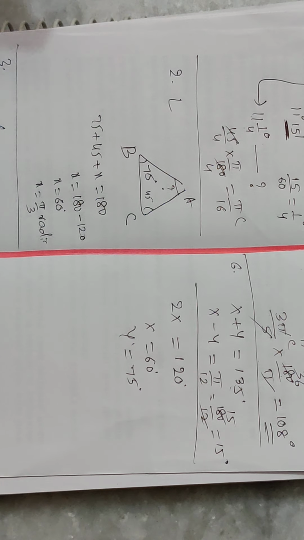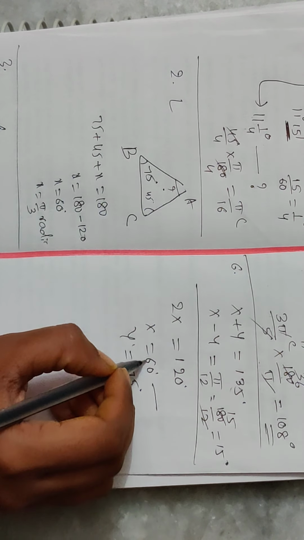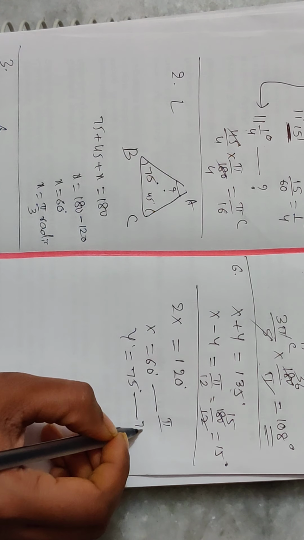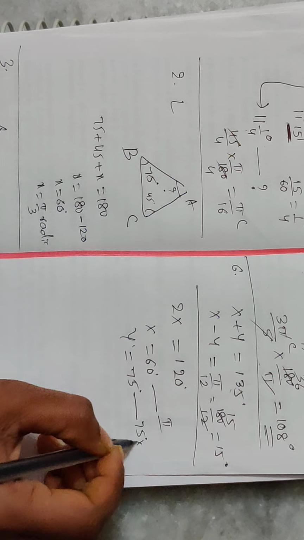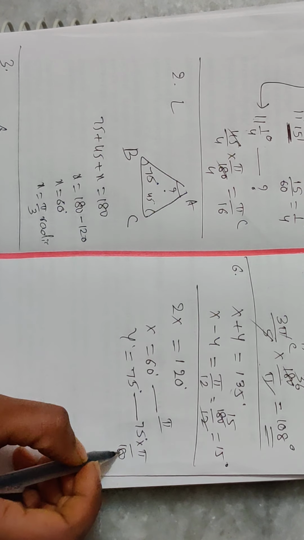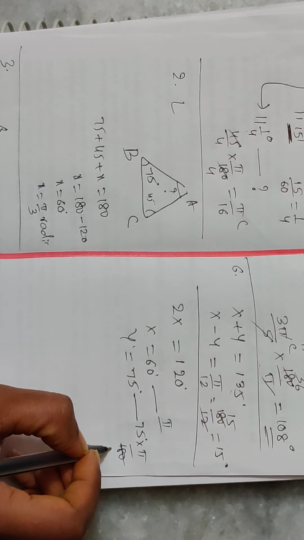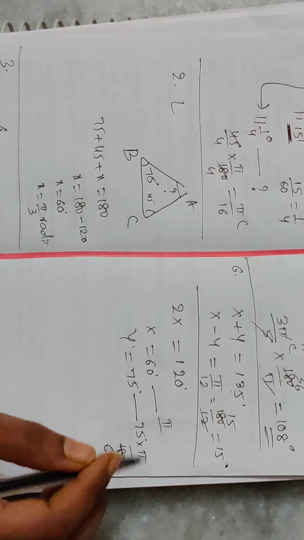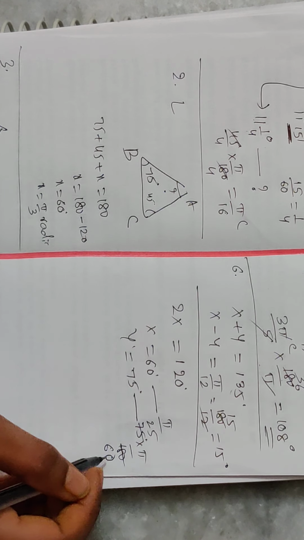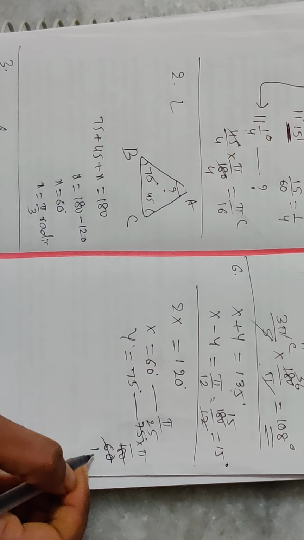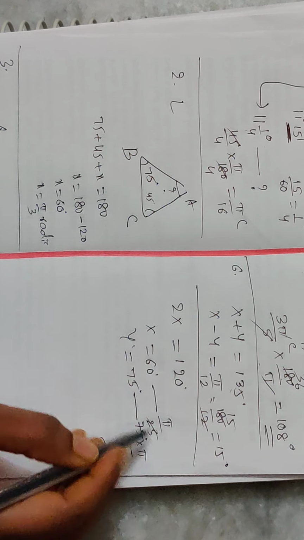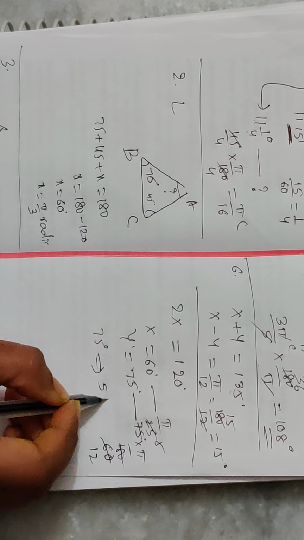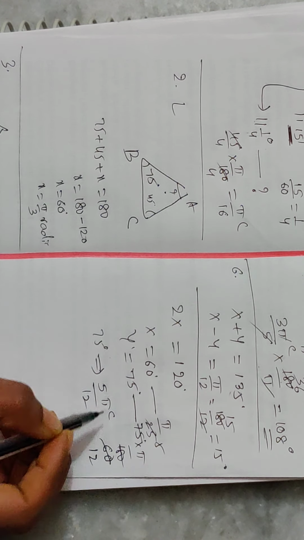So it is asking which is the greatest. This 75 means this is the greatest, right? So 75 degrees means 75 into pi by 180. 3 5s are 15, 5 2s are 10, 5 5s are 25. 75 degrees is equal to 5 pi by 12 radians.